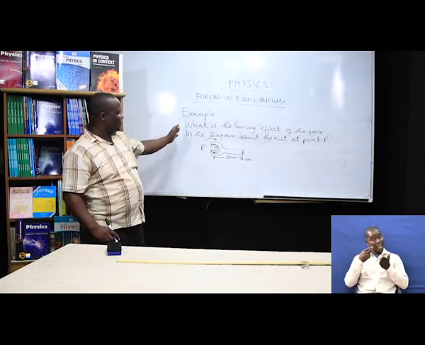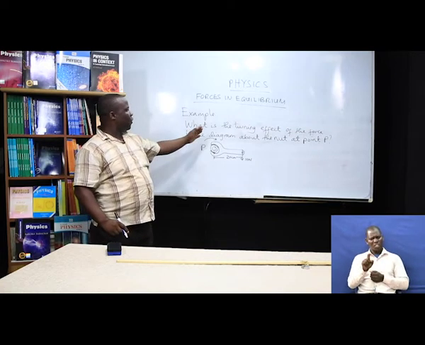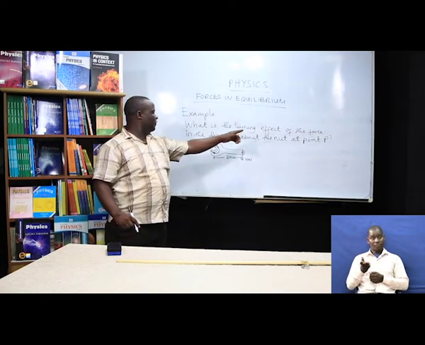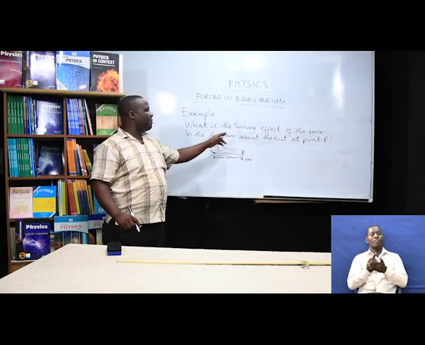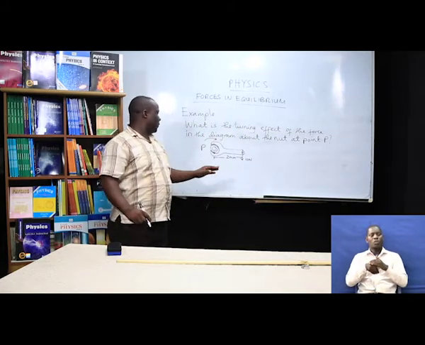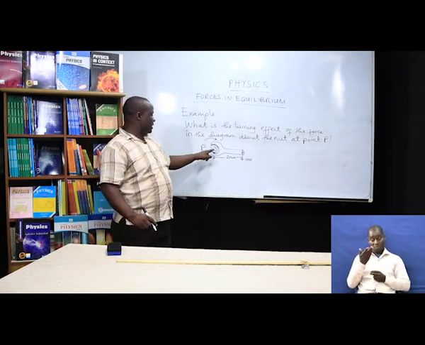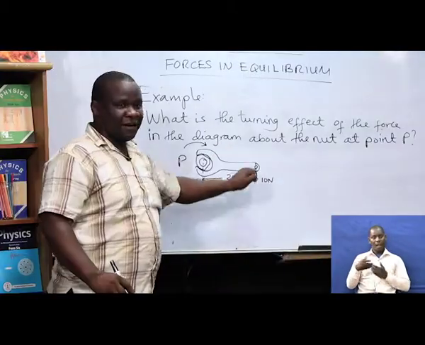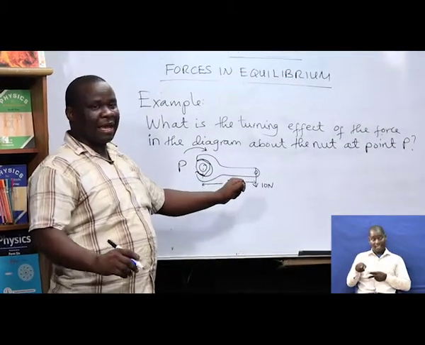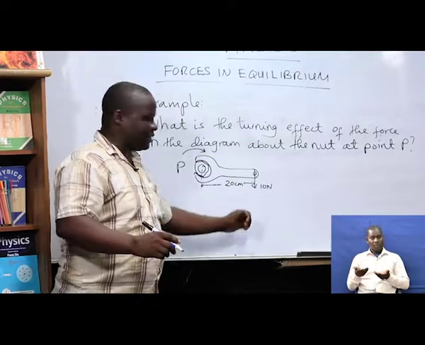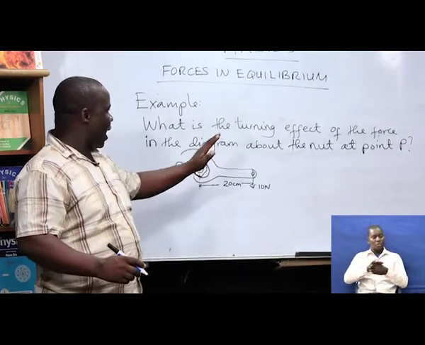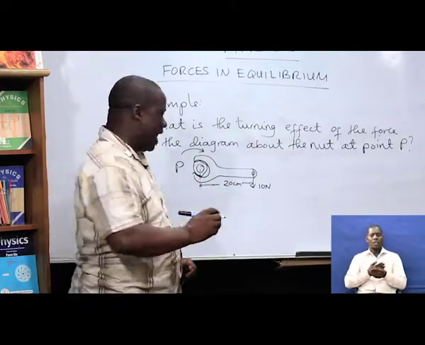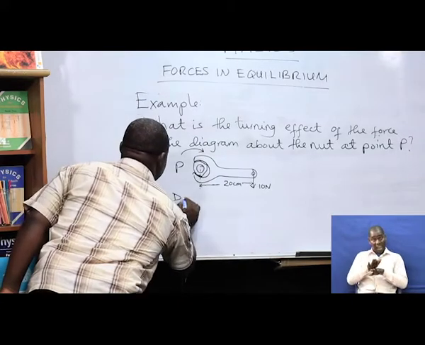Students, now this is an example provided. The question asks: what is the turning effect of the force in the diagram about the nut at point P? We have point P here. This is a nut and this is a spanner, and a mechanic is applying force downward. So our first task is to analyze the data given.